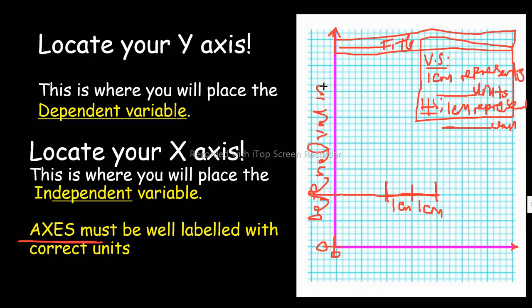Now, the mistake most of you make is in the units. You want to put the units in brackets. This is the independent variable, and you put brackets and put the units in brackets.